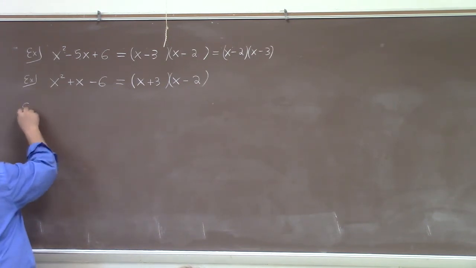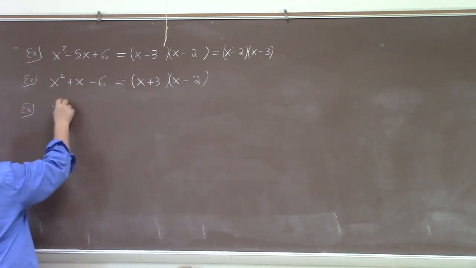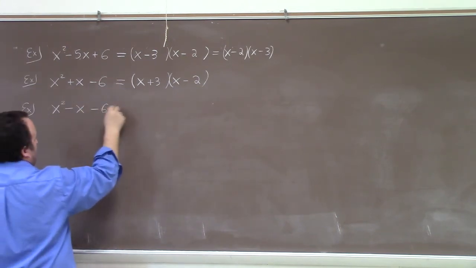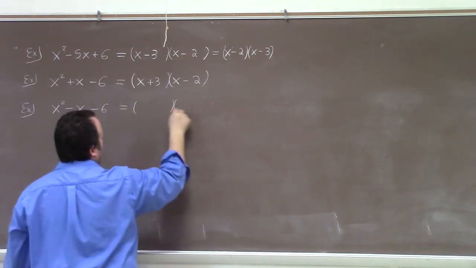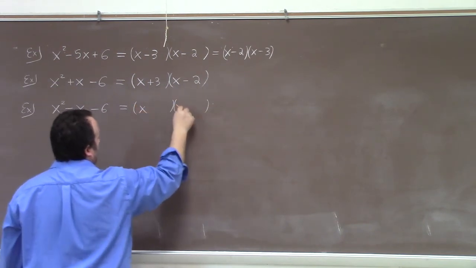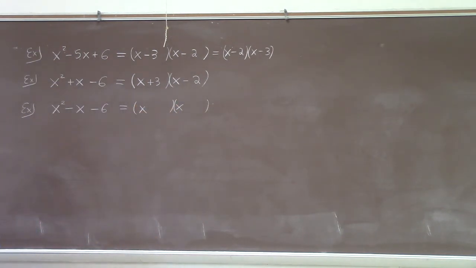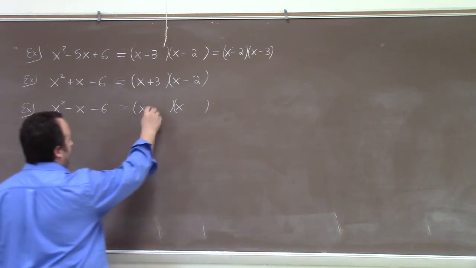If I had, in contrast, x squared minus x minus 6, then what would you do? Negative 3, positive 2, right.